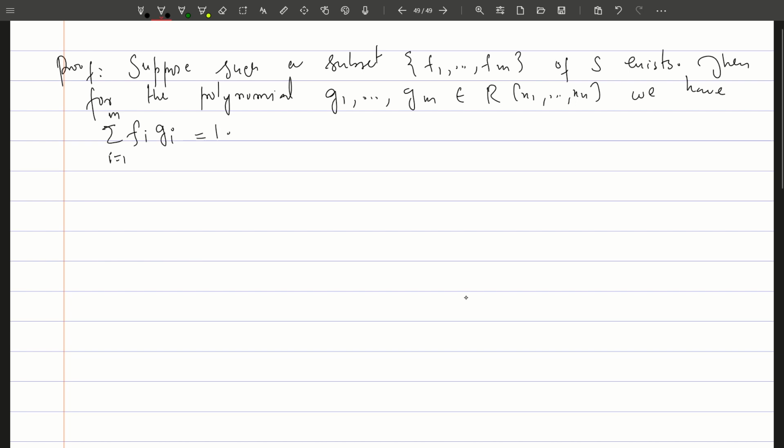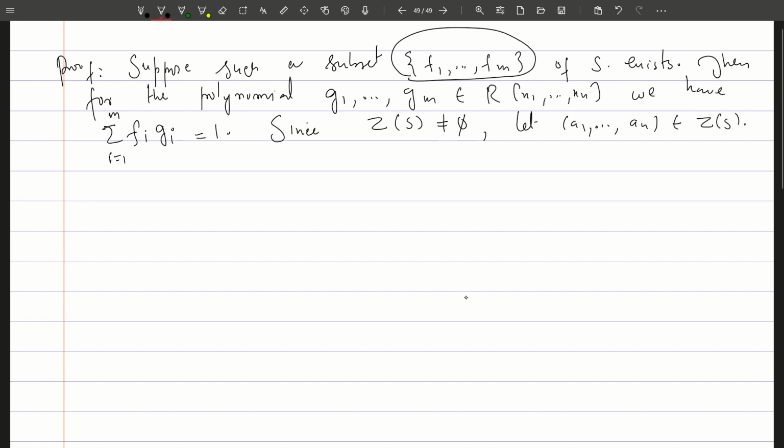But since this collection of polynomials belong to S and the zero set of S is non-empty, that means these polynomials vanish at each point of Z of S. So since Z of S is non-empty, let us take some point, say an n-tuple in Z of S. So one can note here all the polynomials vanish at this point.